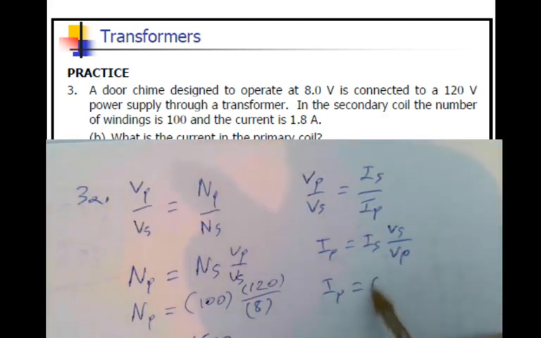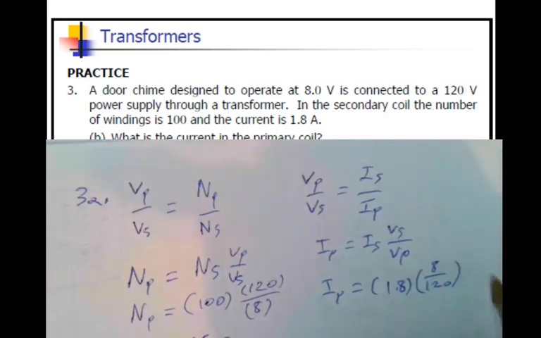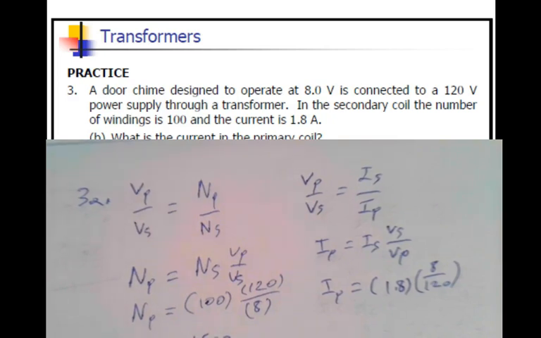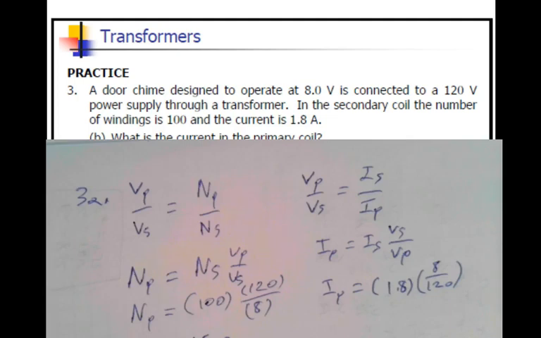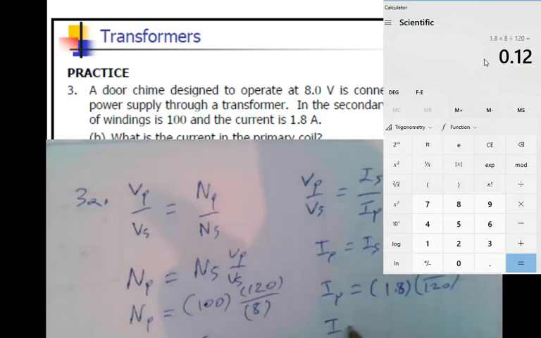So Is is 1.8. Here we have 8 over 120. So this is going to be smaller. Let me turn on the camera for the calculator here. 1.8 times 8 divided by 120. We're left with 0.12. So those are our two solutions.